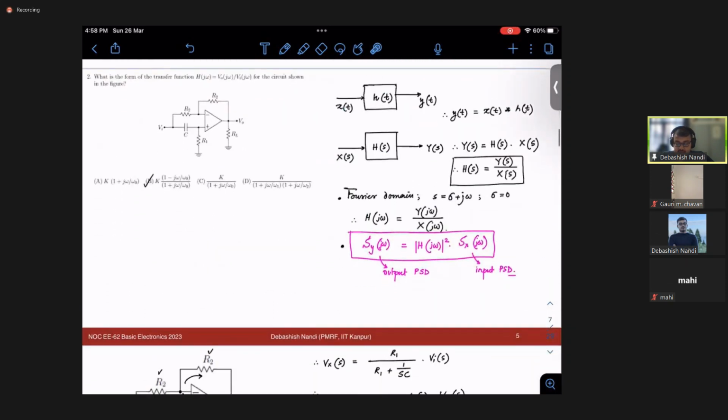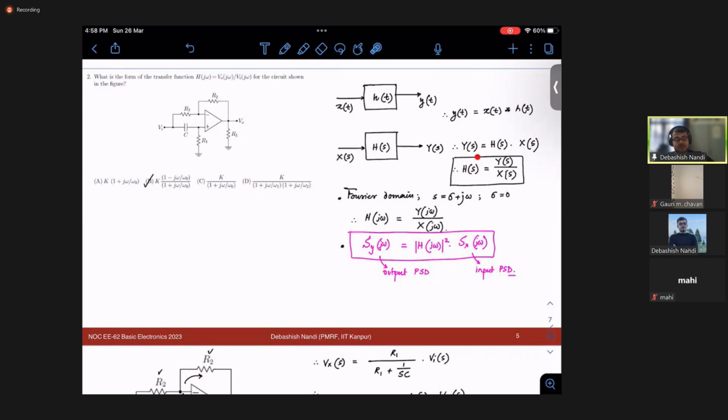Next, this problem number 2, we were to find out what is the nature of the transfer function. So first we have discussed what the transfer function is. We know that in time domain it is convolution, and in frequency domain the nature of the system is that it is multiplication, right?